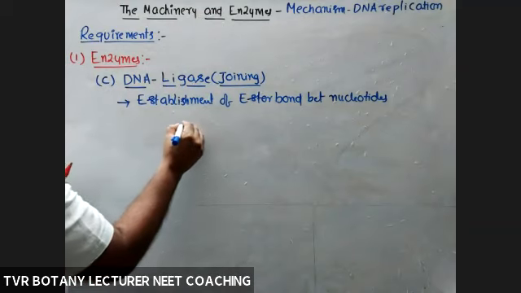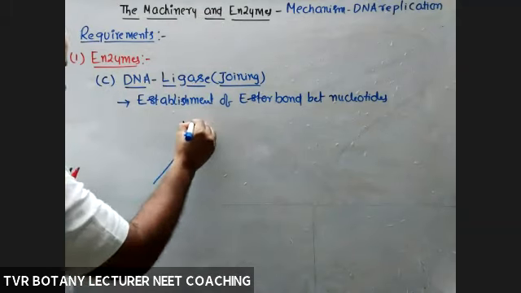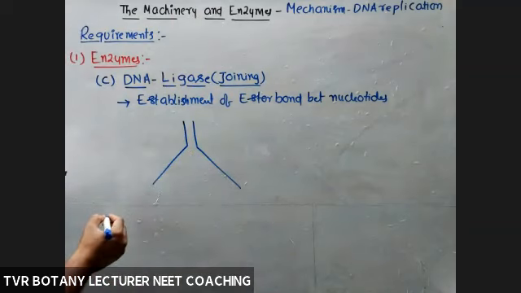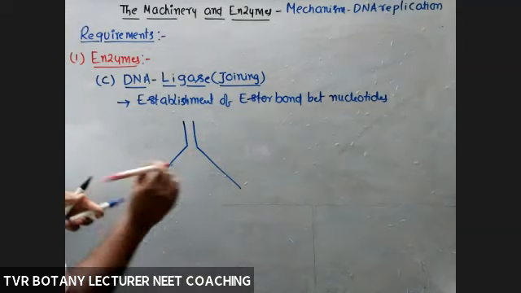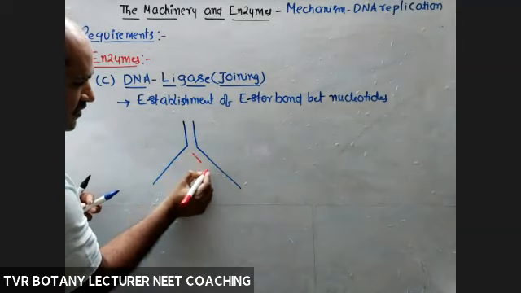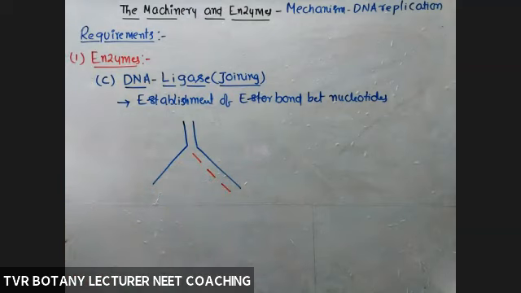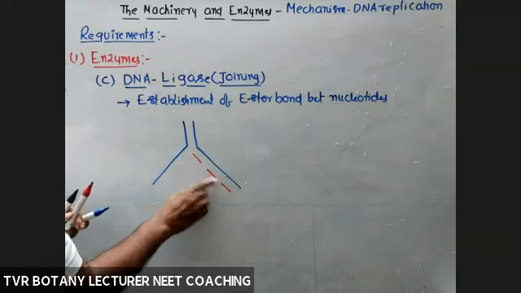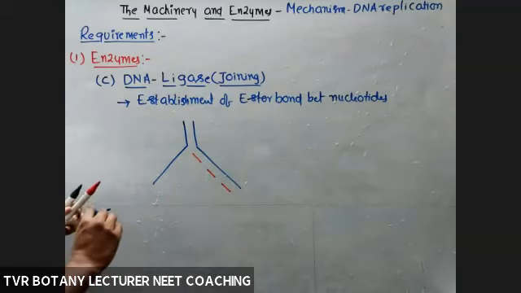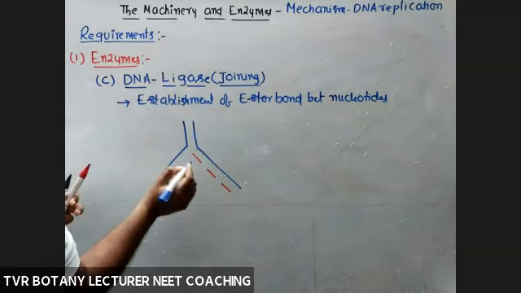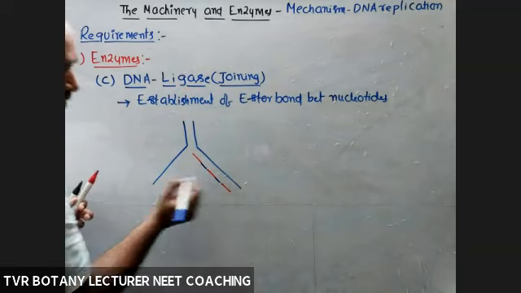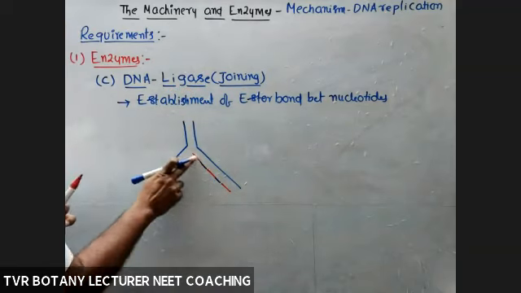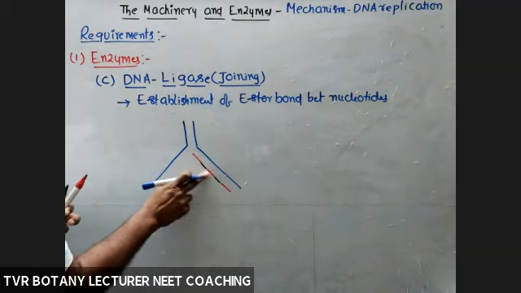For example, this is a parent DNA strand. Okay, right? Here, DNA fragments, new ones, are produced. New strand, fragment, fragment. Is it continuous? No. DNA fragment 1, 2, 3. This is a DNA molecule. Okay, so what about the role of ligase? Establishment of a bond, an ester bond, between nucleotides present in these two fragments.